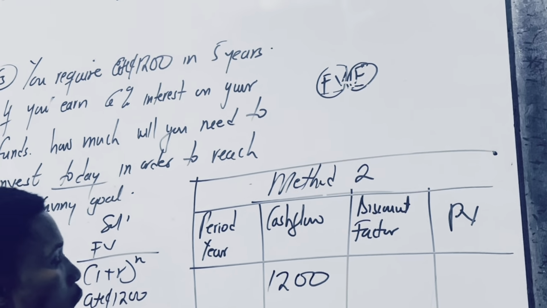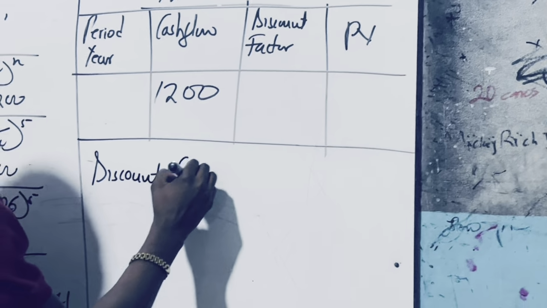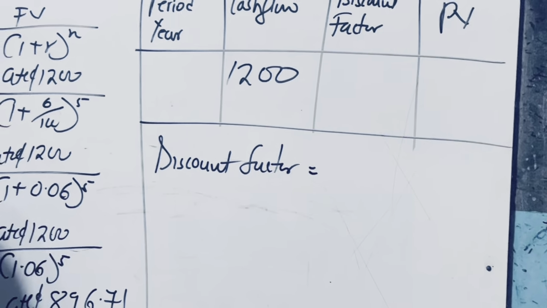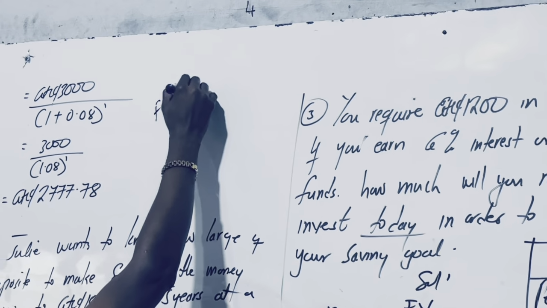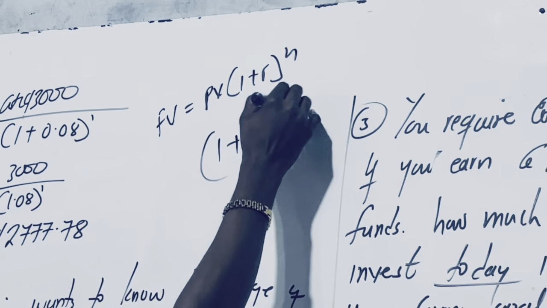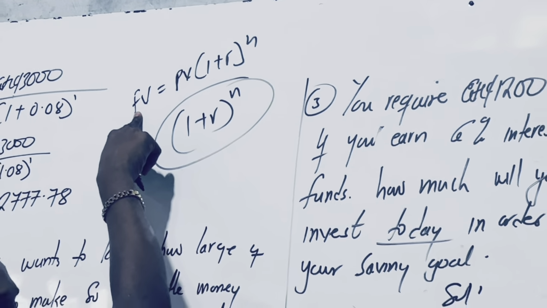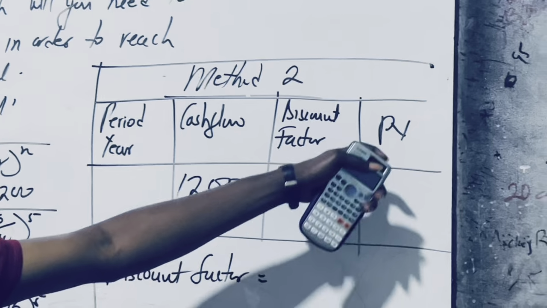And how do we calculate our discount factor? Remember, when we were doing future value, the formula gave us the discount factor for future value. But this time around, we are trying to calculate present value.